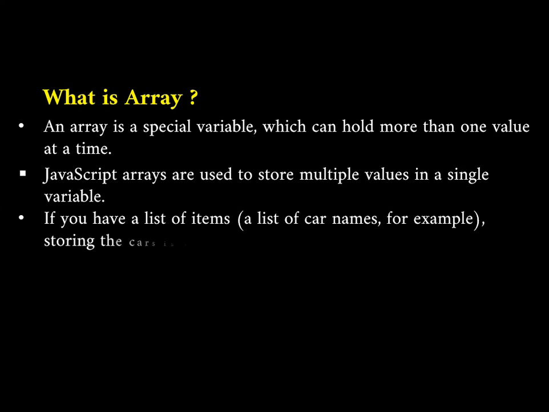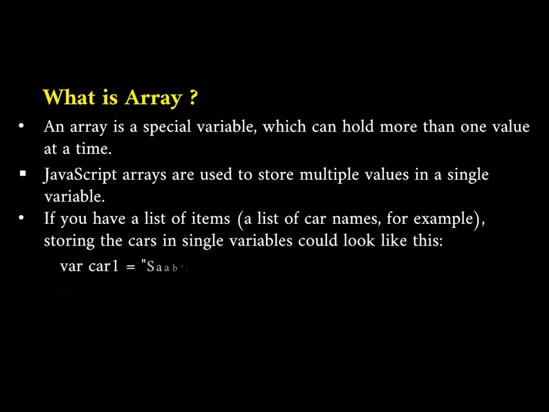If you have a list of items, a list of car names for example, storing the cars in single variables could look like this. var car1 = a car name, for example Saab. var car2 = "Volvo", var car3 = "BMW".